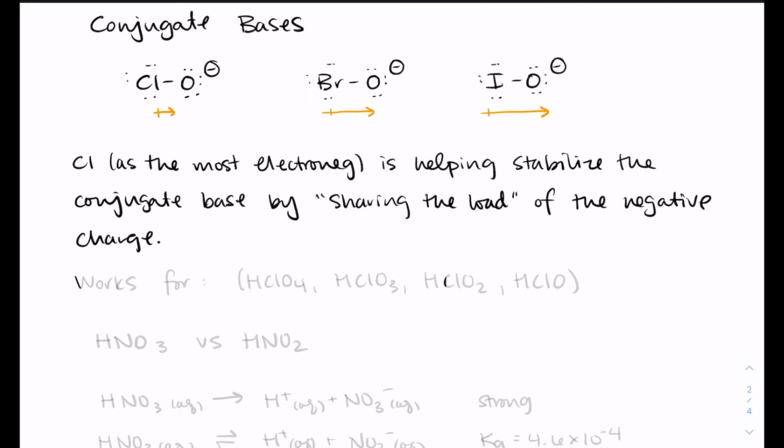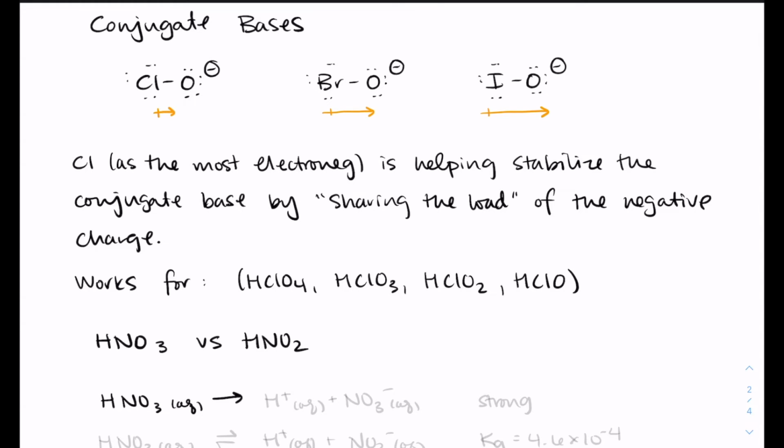We have a whole series of oxo acids, which we have looked at with Lewis structures and resonance structures before. So this is one of the things that's happening. We're just looking at the conjugate base. Happy means stronger acid. Now, the next piece of what we're going to do also works within this series of oxo acids. We're going to look just at the conjugate base and at resonance stabilization within these structures.